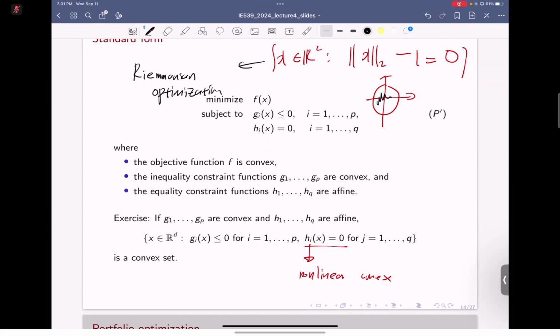For the last few years, there has been a large amount of activity about extending gradient descent and all these convex algorithms to this kind of set, Riemannian manifolds, and you can deal with this kind of constraint. But in general, if you have a more complex looking constraint, then there's no way of dealing with it.